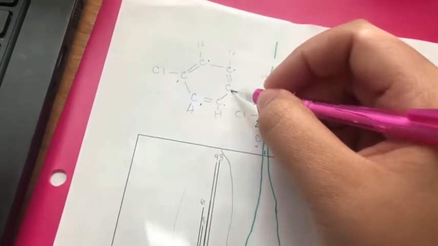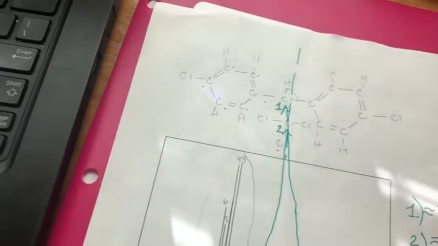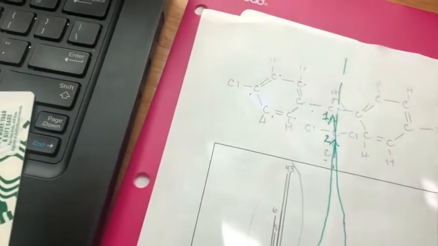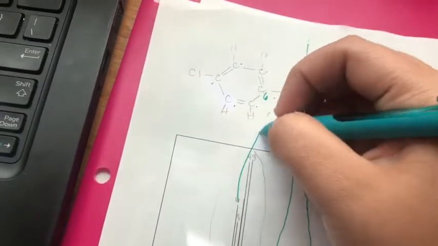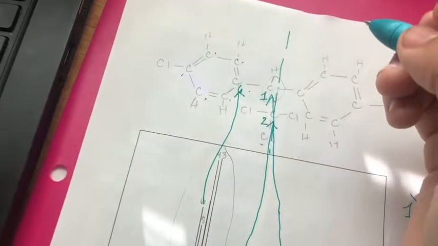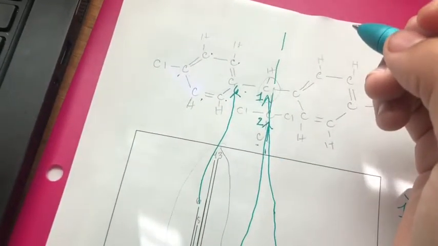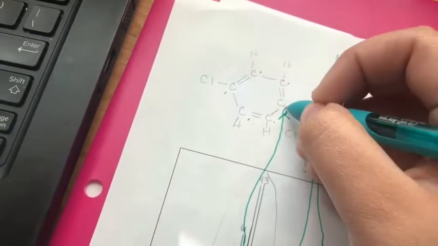This carbon's going to be number 6. So let's draw that. This one's number 6. Let's bring that arrow. Actually, it's not number 6, it's number 5. This carbon's number 5 right here.